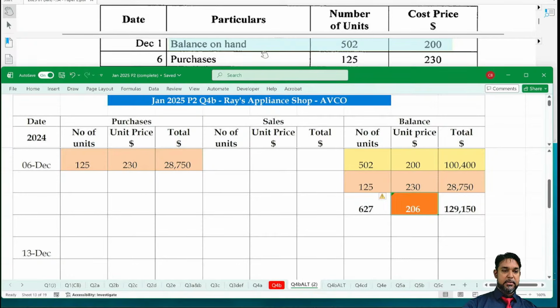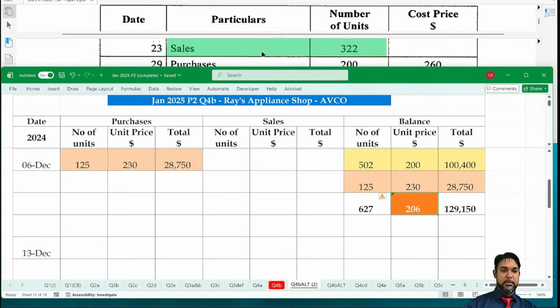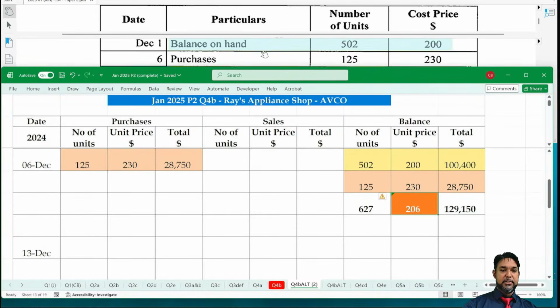It did say to round off all calculations to the nearest dollar. So it's not going to give us exactly 206, but we were instructed to round it off. So I'm going to round that to 0 decimal places. Cool. So 206. Once again, how we get that figure is we take the total dollar value and divide by the total number of units. So 129,150 divided by 627, and boom, we have the weighted average cost per unit.